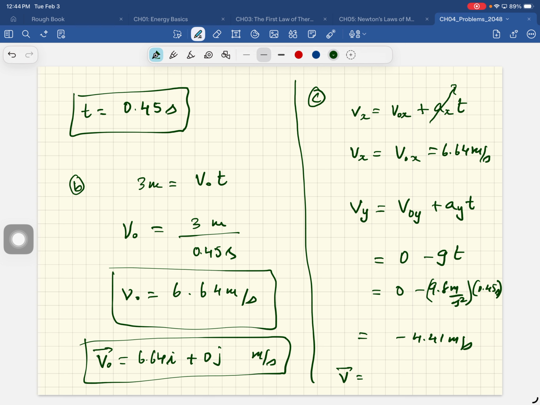So the final velocity is 6.64 i minus 4.41 j meters per second.